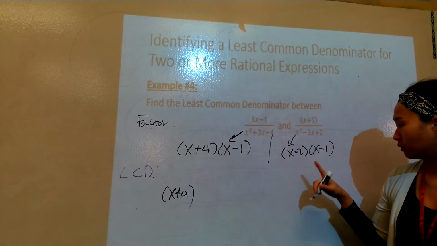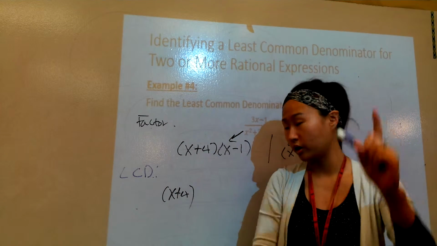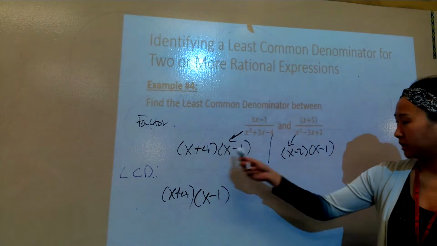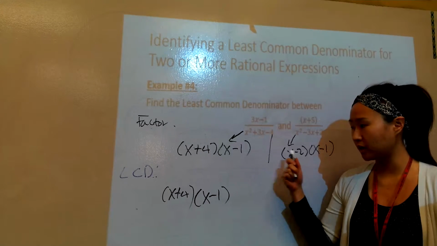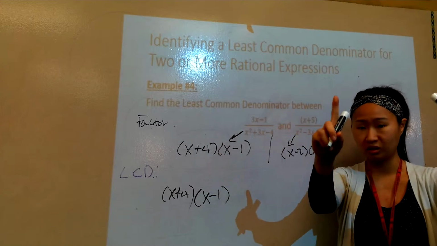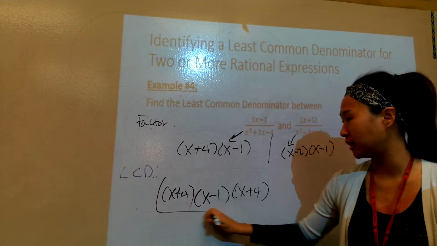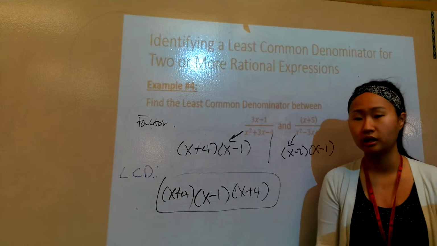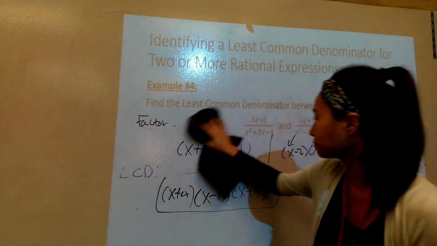I have 1 x minus 1. Therefore, I need 1 x minus 1. Take the most of each one. Anything else? Yes, I have x minus 2. I have 1 of them. I have none. I need 1 of them. So the least common denominator between these two is going to be x plus 4, x minus 1, and x minus 2.